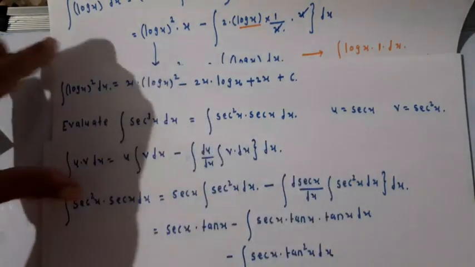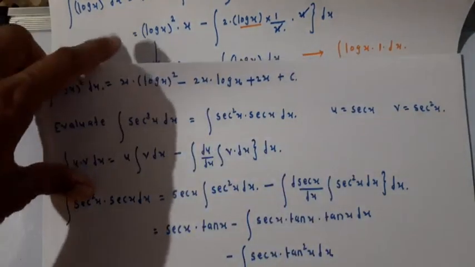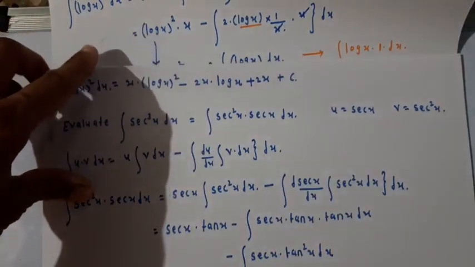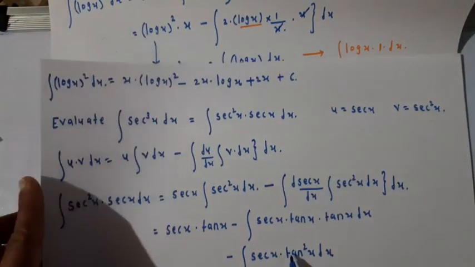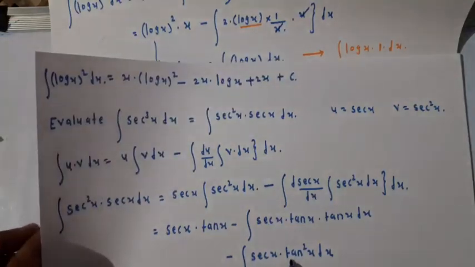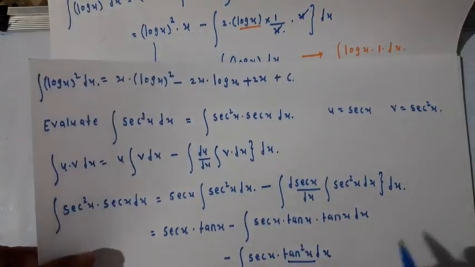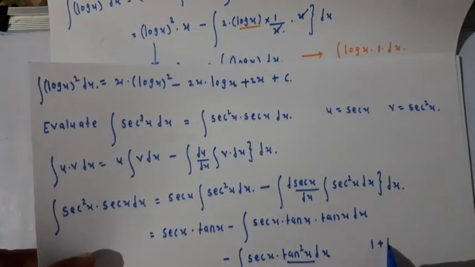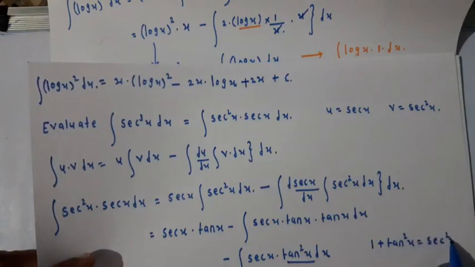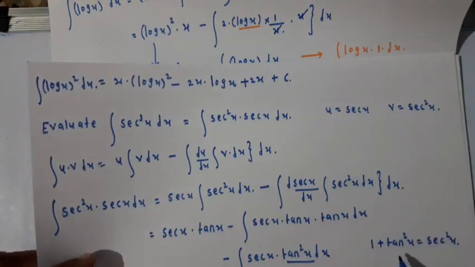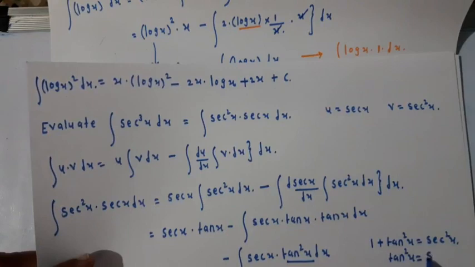And now to solve this type of integral, we can convert this tan square of x. We know that 1 plus tan square x equals sec square x, and therefore tan square of x equals sec square of x minus 1.